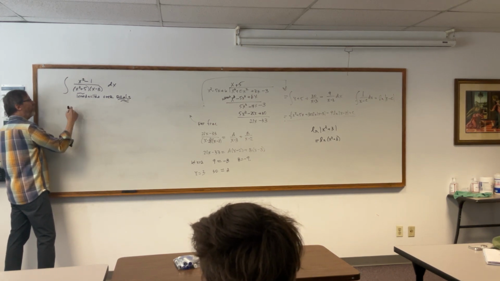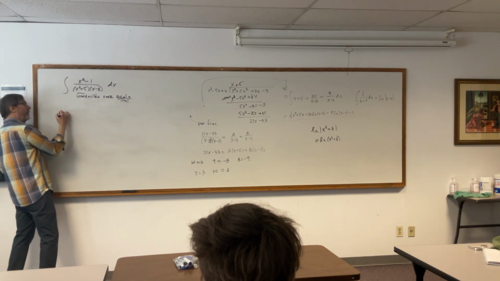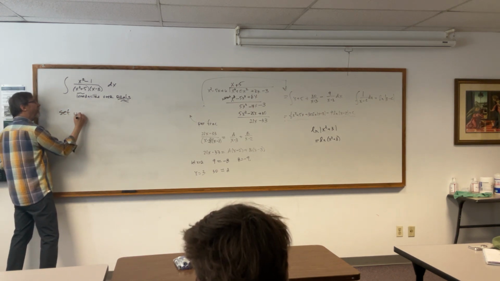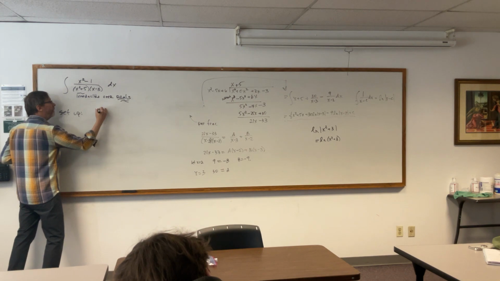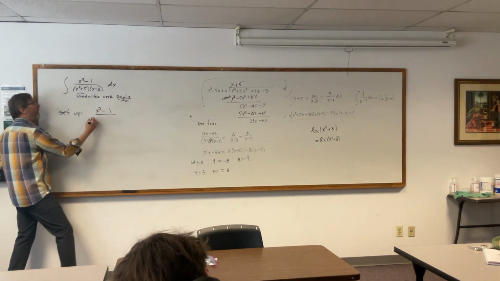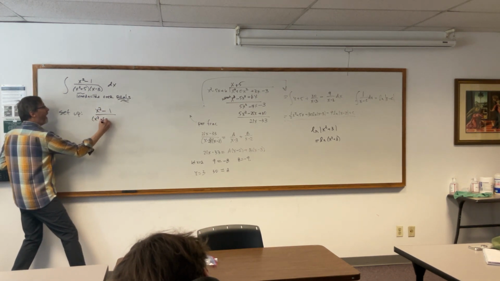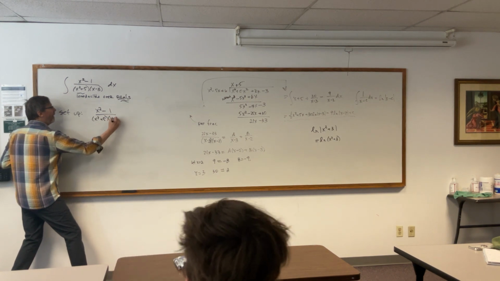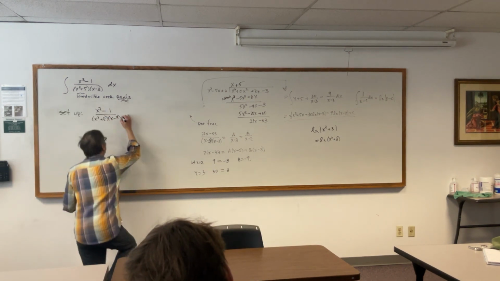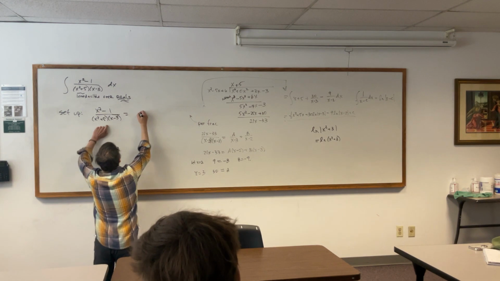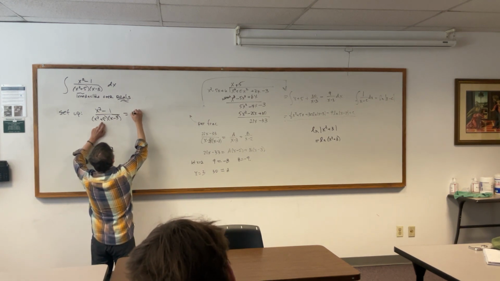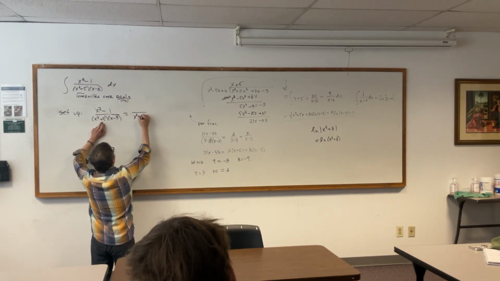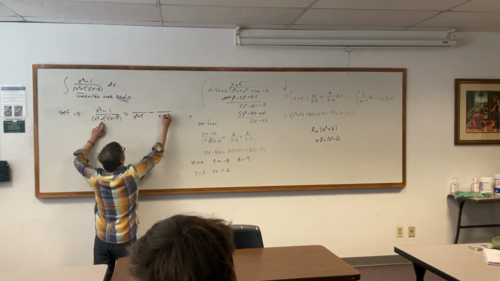Let's talk about how to do this. So no long division needed. The setup is a little different. So the setup is going to be x squared minus 1 on top, and then this factor just stays as a factor itself, but we're going to do something different with it. So it gets its own term, this one gets its own term.